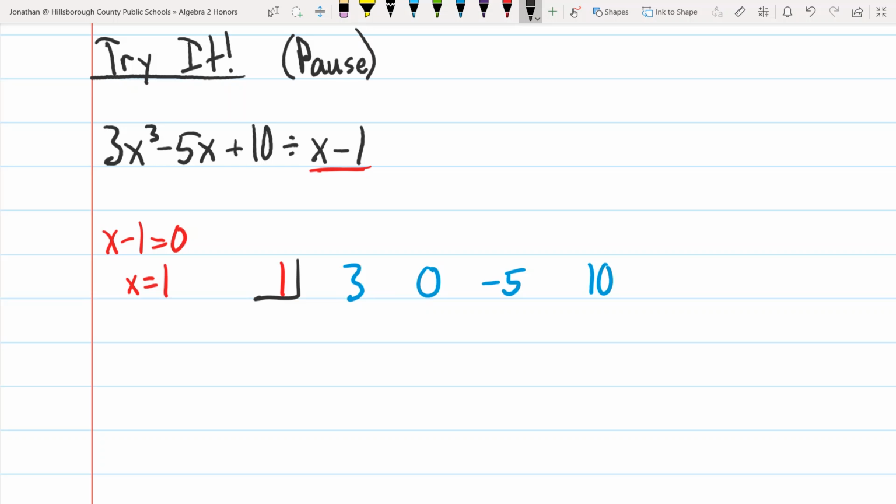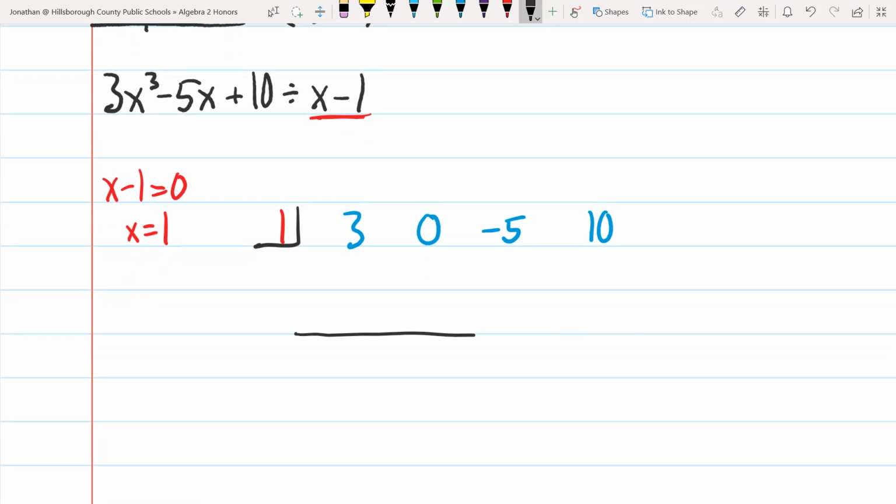Okay, so again, please remember to fill in your missing powers. All right. Drop the first coefficient, multiply it by the number in the box, add down, multiply by the number in the box, add down, multiply by the number in the box, and then add down.